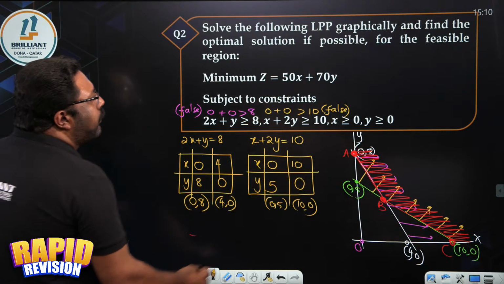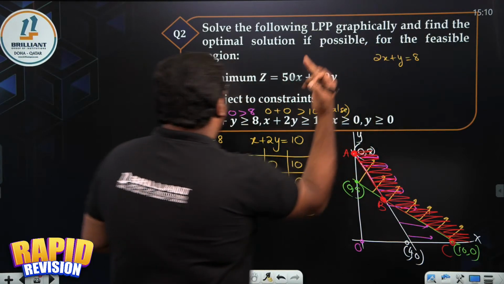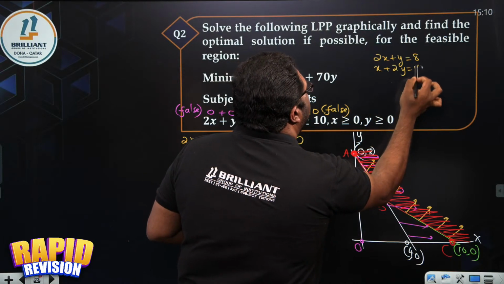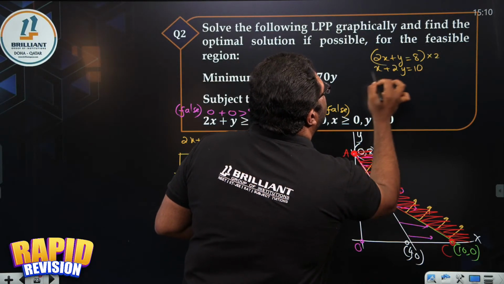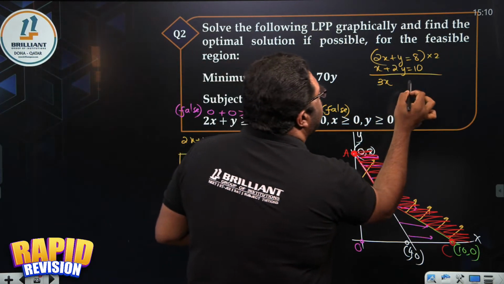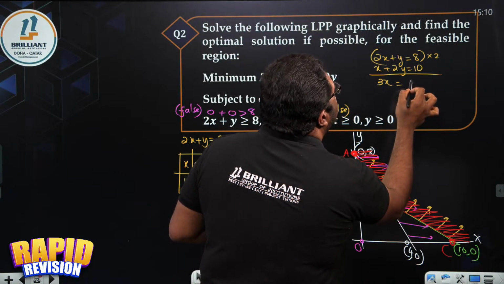Solve the two equations, all of you. I have the two equations: 2x plus y equal to 8 and x plus 2y equal to 10. Just multiply this with 2. So 4x minus x is 3x, 2y minus 2y is 0, 16 minus 10 is 6.